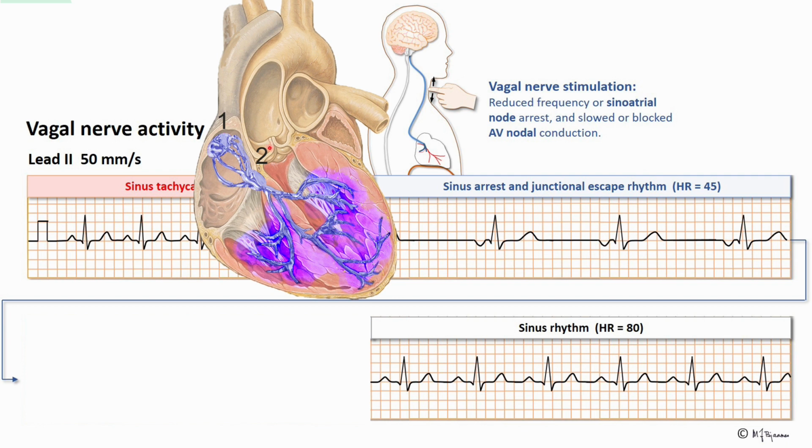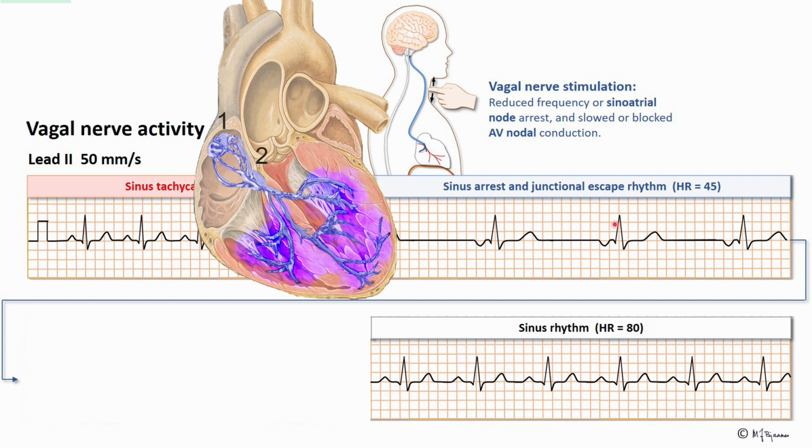They take turns. When the normal sinus node is not pacing the heart, another node takes over the responsibility and starts pacing the heart, but it's obviously slower, and that will be the AV node. This is called junctional rhythm, and it will be around 45.